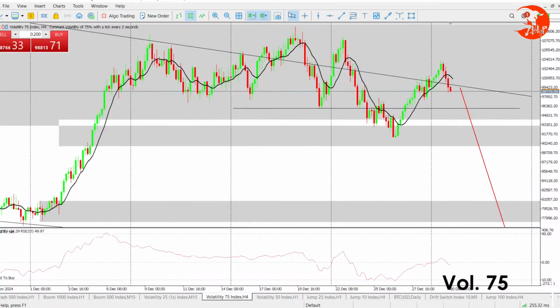So according to H4, it is saying buys. Why? Because it came to this level here. But sellers, we need to understand this also.